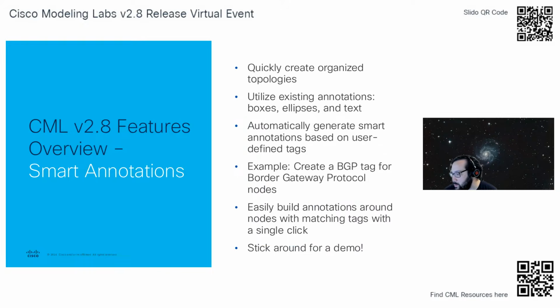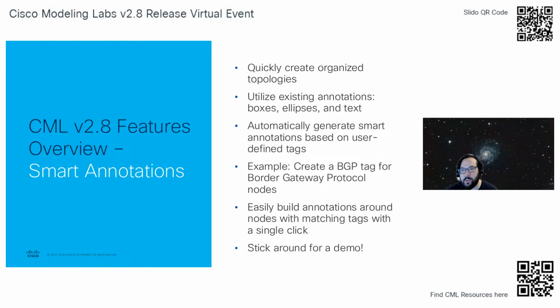And then lastly, the big change to the UI features is the smart annotations feature, which Justin is going to talk about in a little bit. Essentially, we're taking what we had previously with annotations, like creating ellipses, boxes, and text to organize your topology, and expanding that and making it a little more automated. Now you can tag the nodes you're placing inside your canvas.